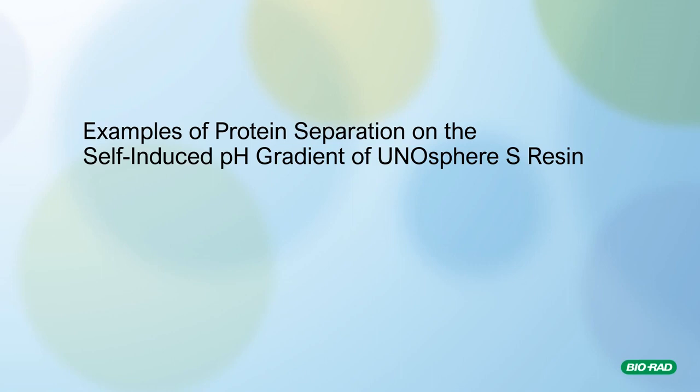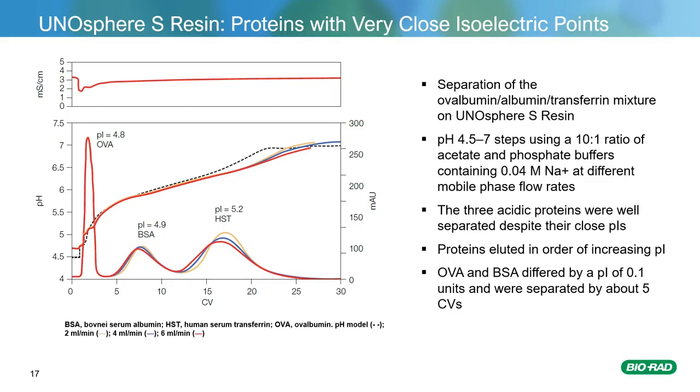Next, I'm going to describe some examples of protein separation on the self-induced pH gradient of Unosphere S. The ability of Unosphere S to resolve proteins with small differences in pI was evaluated through elution of ovalbumin, BSA, and transferrin. This was performed with a pH 4.5 to 7 step using buffers containing a 10-to-1 ratio of acetate and phosphate mixtures with 0.04 molar salt at different mobile phase flow rates.